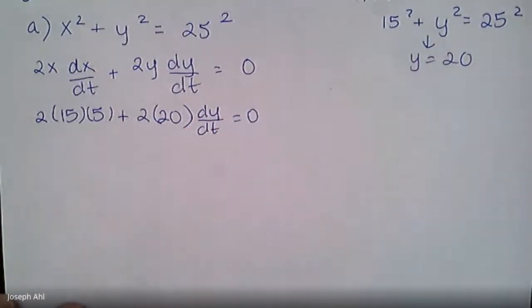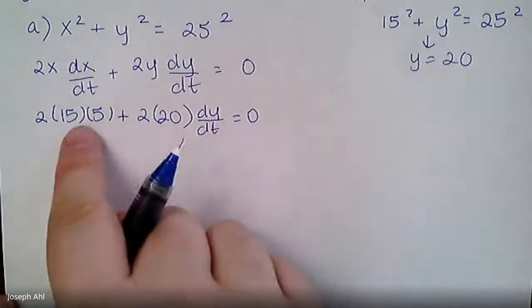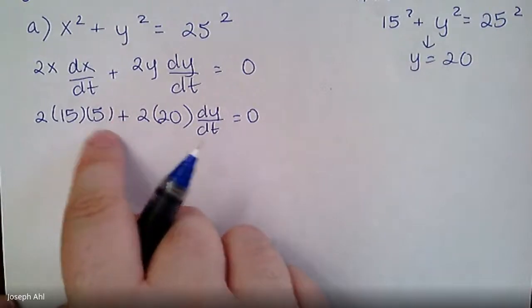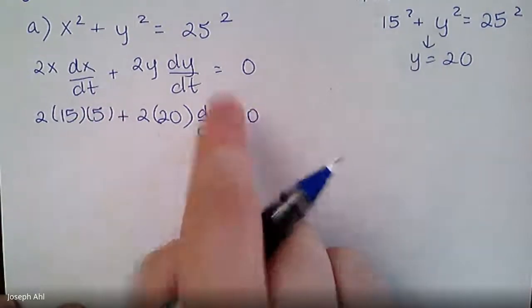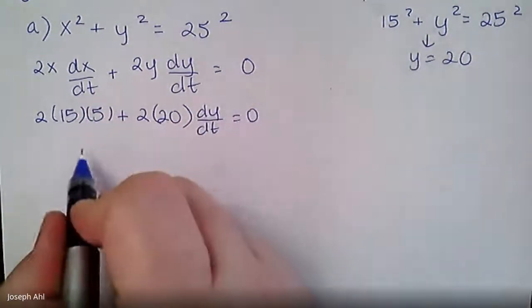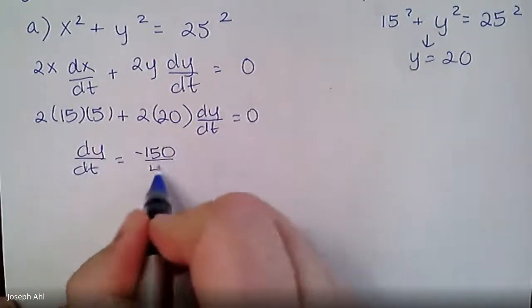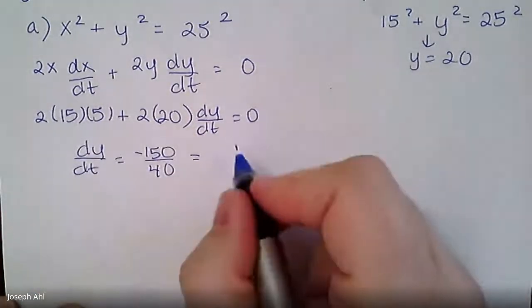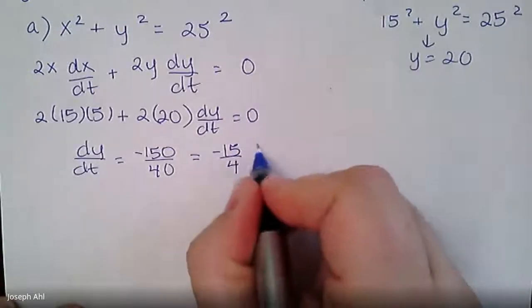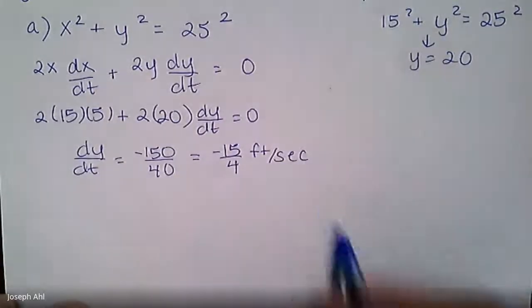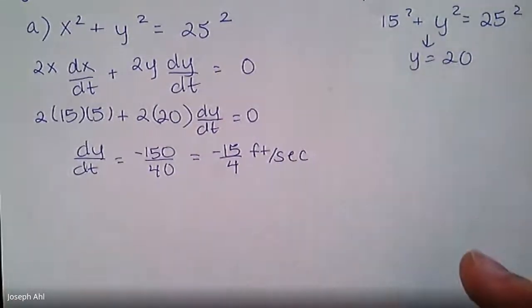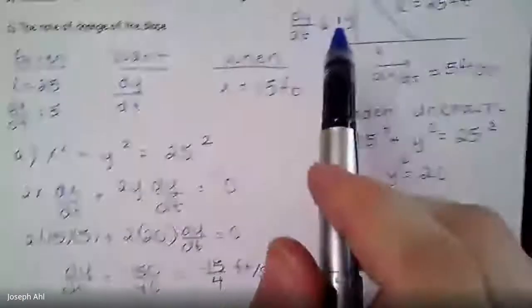Okay. So cleaning this up a little bit, that's going to be a total of 150 on this side. So I'm going to subtract that over and then divide by 40. So dy/dt equals negative 150 over 40, which reduces to negative 15/4 feet per second, the velocity of the top of the ladder, right?